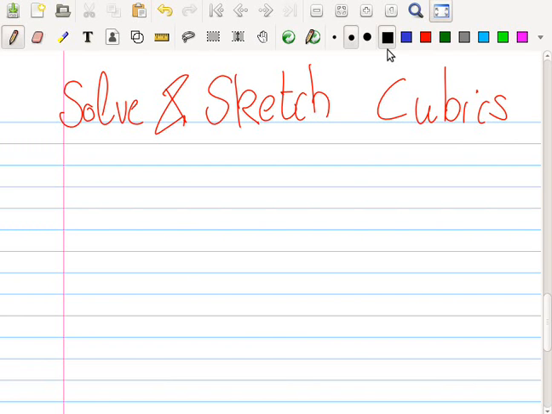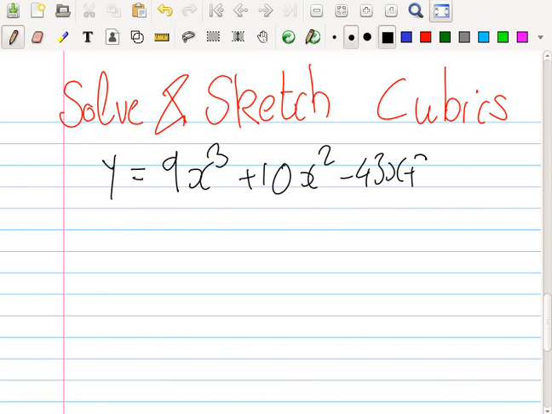Okay, so let's take an example. I'll try the first one here, although I hope the numbers are correct. y equals 9x cubed plus 10x squared minus 43x plus 24, and you want to solve it, you want to find the roots, you want to know when it equals 0.